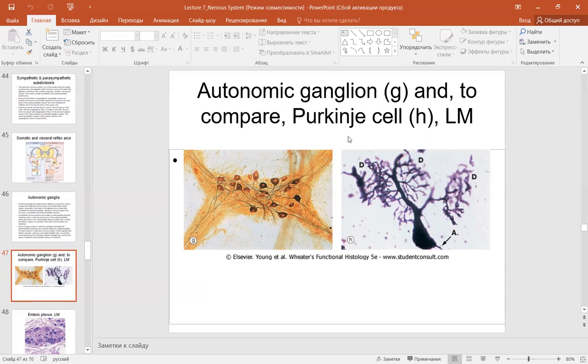You have a view of an autonomic ganglion with multipolar neurons located in the connective tissue investment.